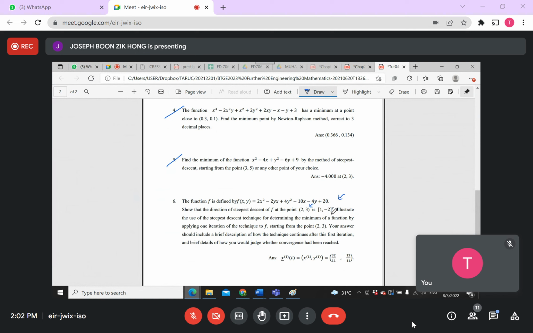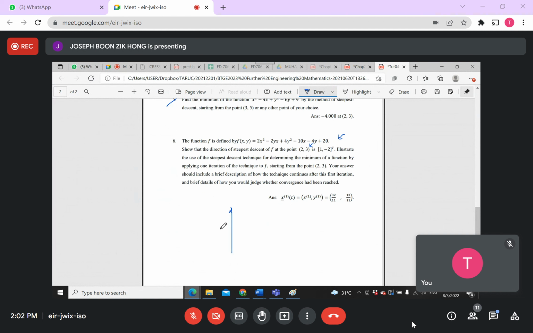That means for this equation, you try to differentiate with respect to x. You have 4x minus 2y minus 10. Let me see, correct or not? 4x minus 2y minus 10.